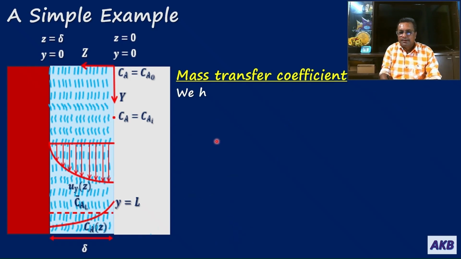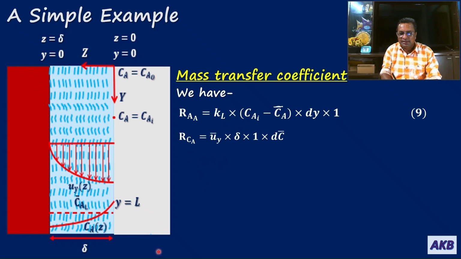So we have RAA, we got it earlier, KL into CAI minus CA bar into dy into 1, that was equation number 9, and we just got RCA is equal to Uy bar into delta into 1 into dCA bar, that was equation number 10. But the condition is RAA, rate of absorption, is equal to the rate at which it is carried away over the same distance.